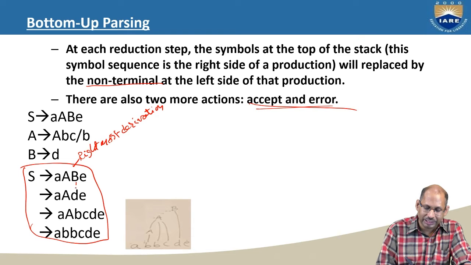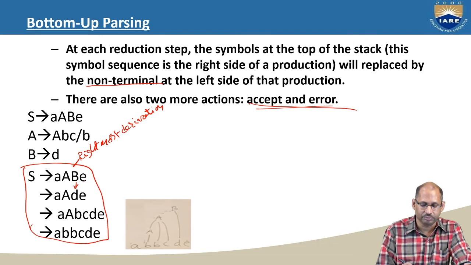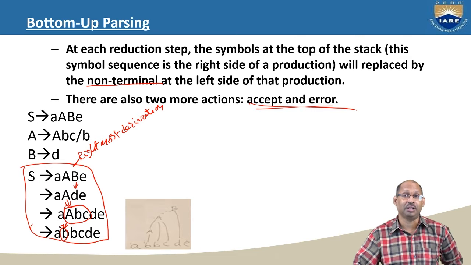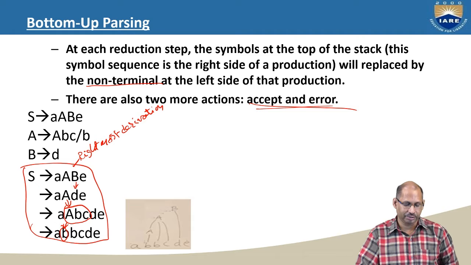B. B is replaced with D. Then what is the rightmost? A. A is replaced with ABC. Then A is replaced with B. So our required terminals are obtained.